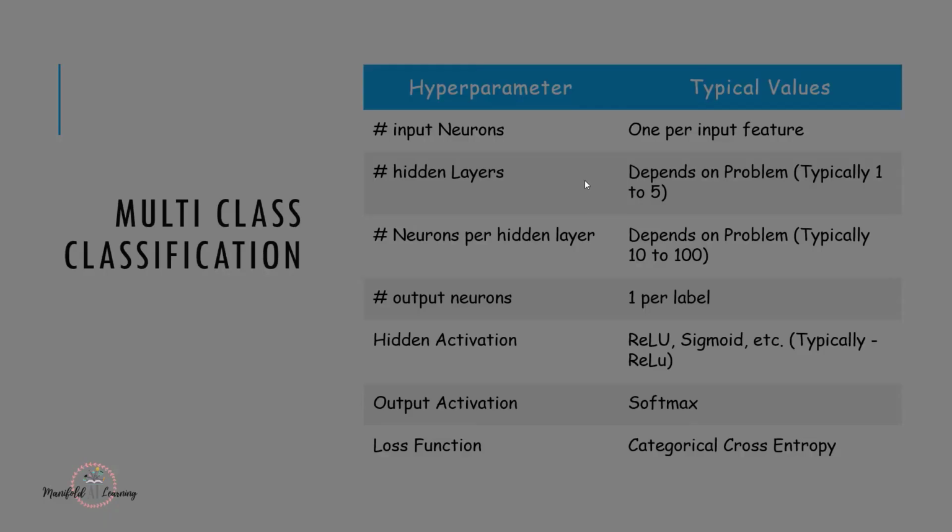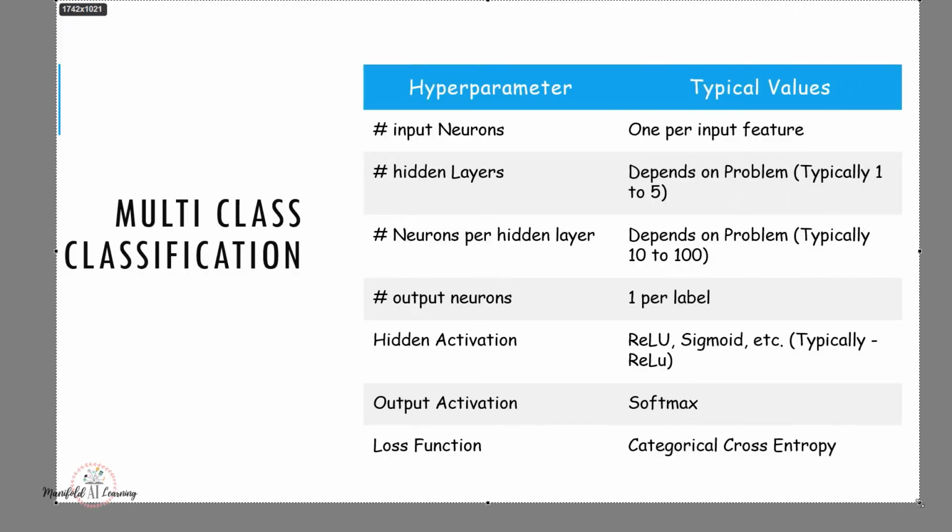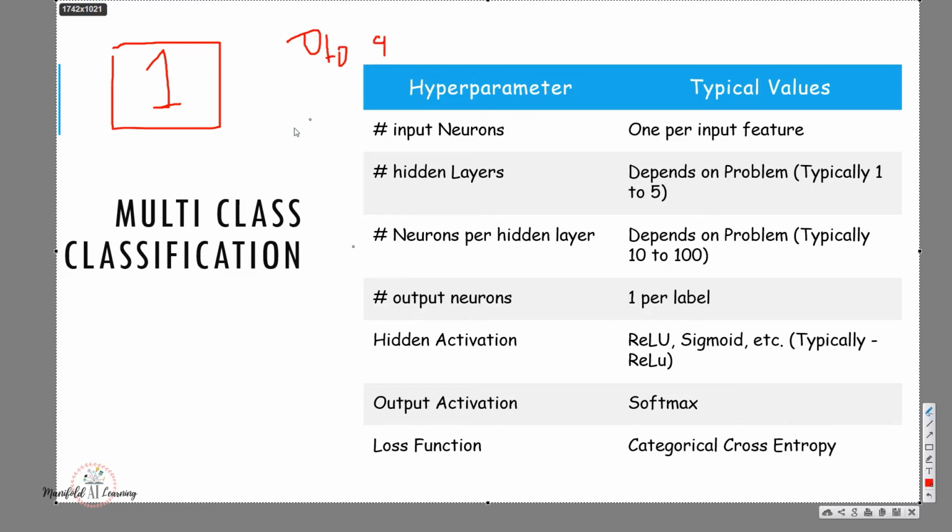Just to give you an example, suppose I'm dealing with the task of multi-class classification. Let's say I'm having an image, and I want to detect what is the digit in this image, whether it belongs to any number between 0 to 9. Given an input image, I want to predict what value it has. That means 0 to 9.